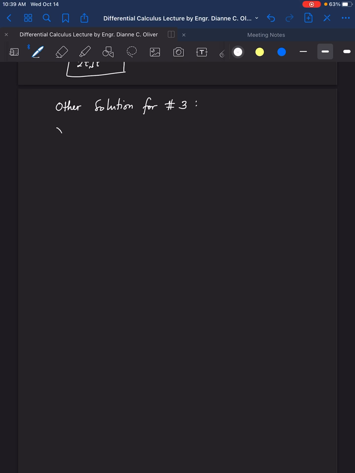So remember that x is equal to square root of t plus 1 over square root of t. What if you're someone like me who's not a fan of the derivative of a quotient and the radical sign? So I just have to remove the radical sign. How do you remove the radical sign and the quotient part?